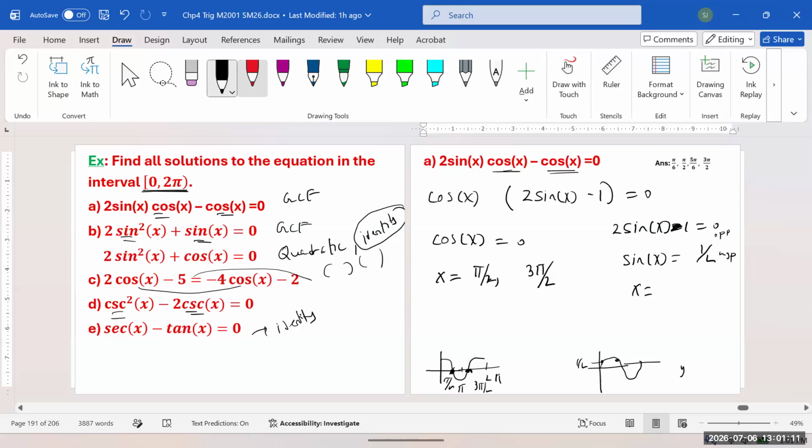So y means bottom. We have bottom 1, so that must be 30 degrees. So one of them is 30 degrees here.